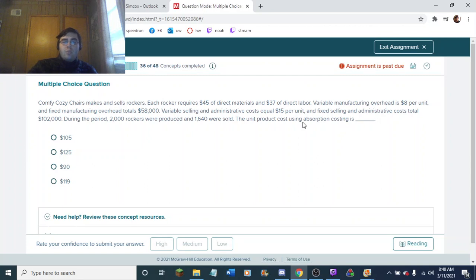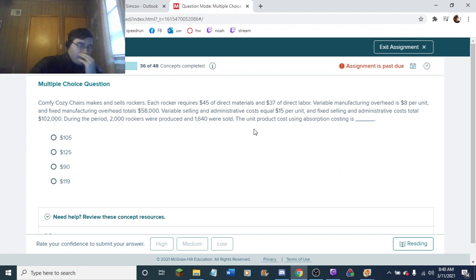Now, how we will calculate this, we will use absorption costing. So first you calculate the sales revenue. Oh wait, never mind, I'm stupid.